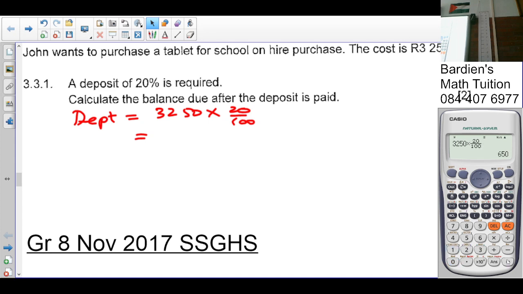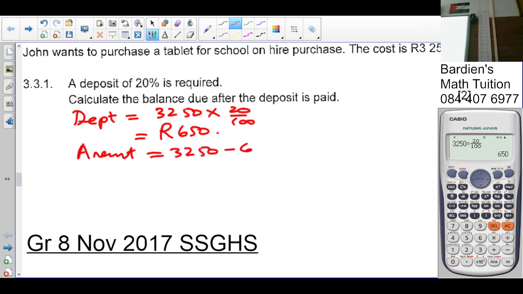That gives you a 650 Rand deposit. So the outstanding amount is 3,250 minus 650 Rand, which gives 2,600 Rand still owing.